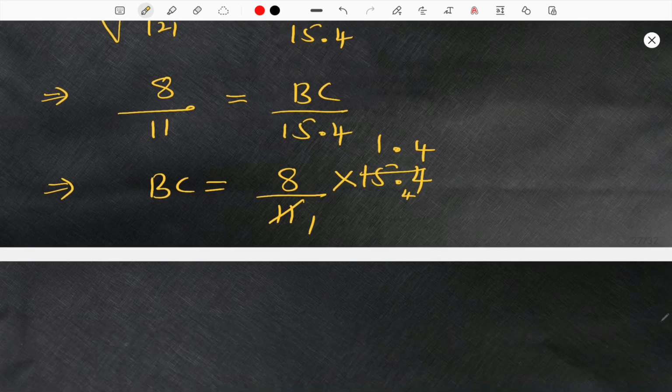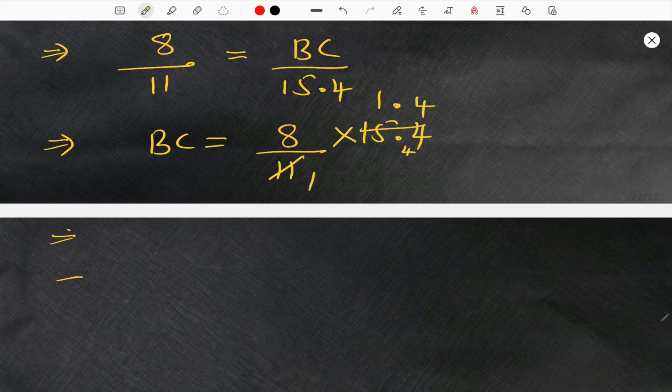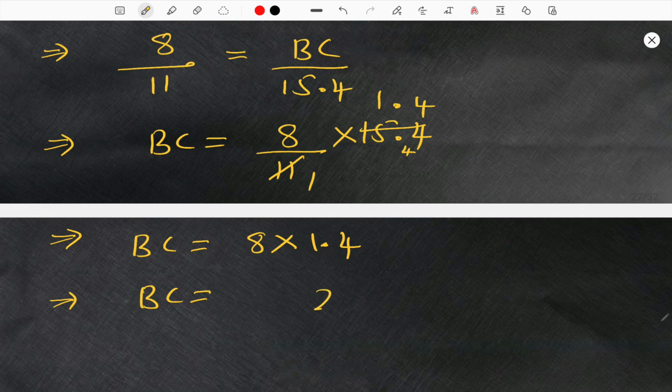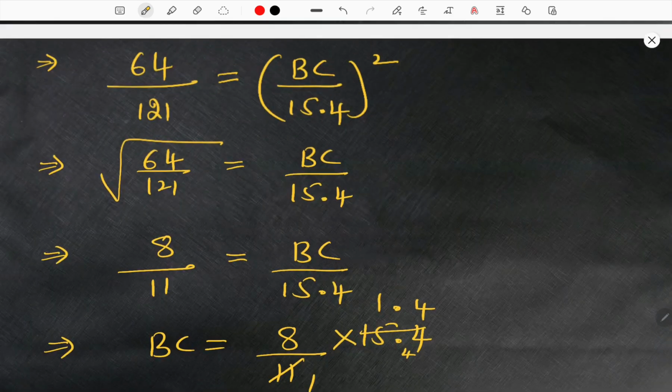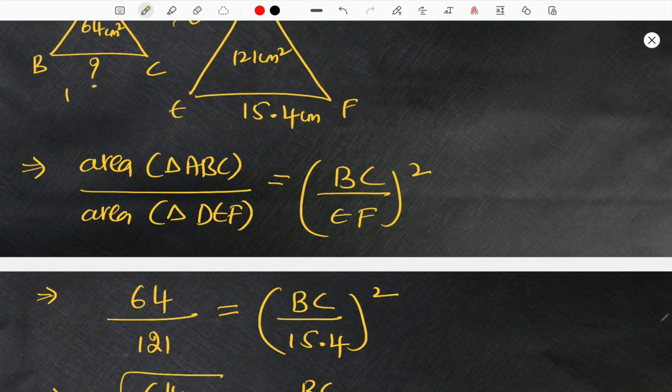The value of BC becomes 8 into 1.4. 8 4s are 32, 3 is the carry, 8 1s are 8, 8 plus 3 is 11, so it becomes 11.2 centimeter. So that is the value of BC, that is 11.2 centimeter.